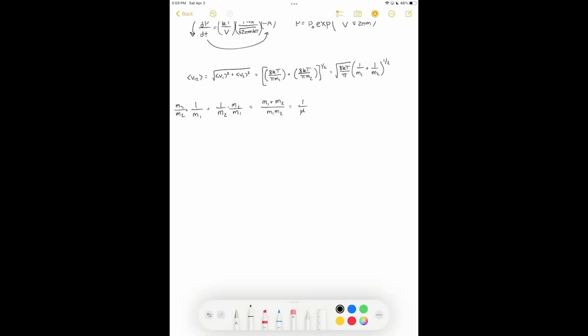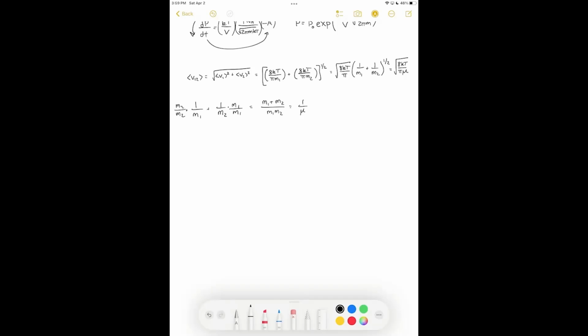So then our average velocity becomes the square root of 8 kT over pi mu, where mu is the reduced mass. In a lot of cases, we'll be using only one type of particle where the mass of 1 and the mass of 2 is the same.